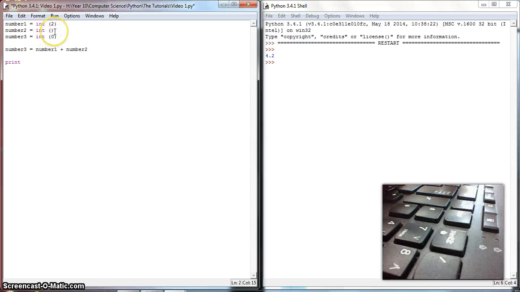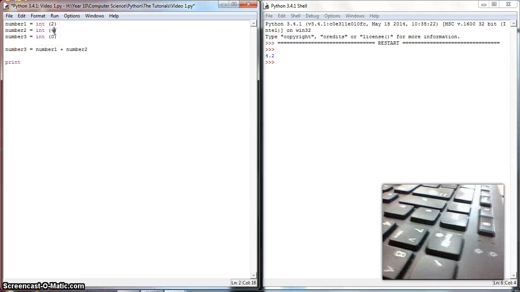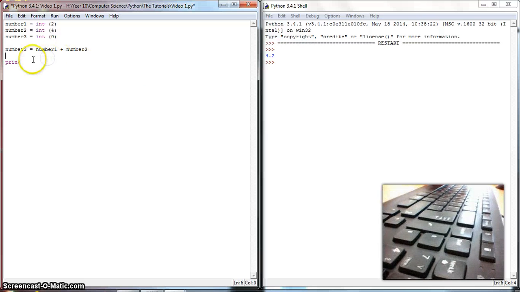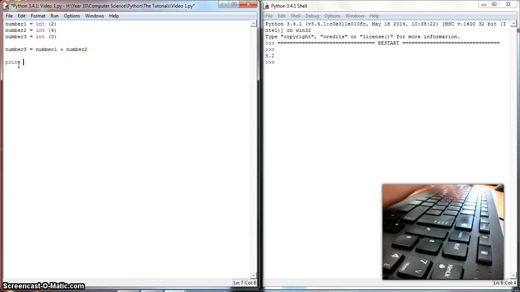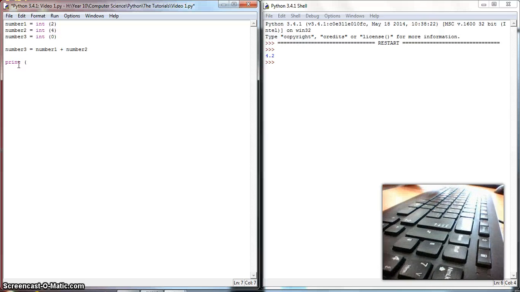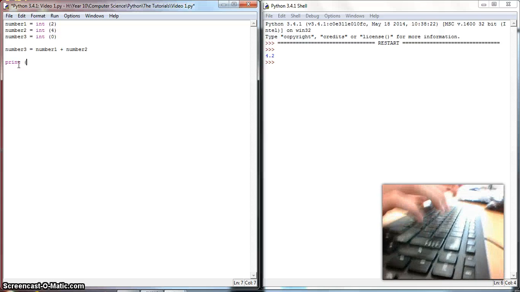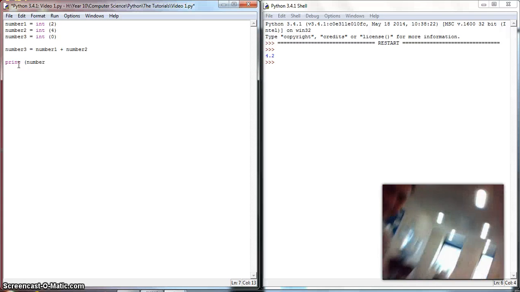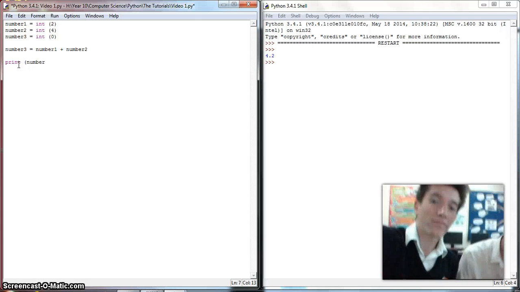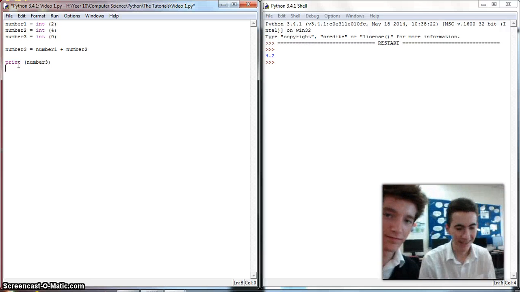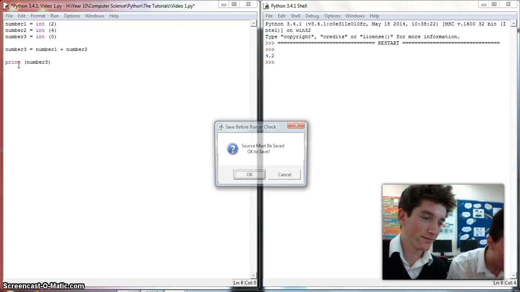Okay. So you obviously need two numbers. We'll just initialize number 3, and we are going to open the brackets. Number 3. Now the cheeky old F5.